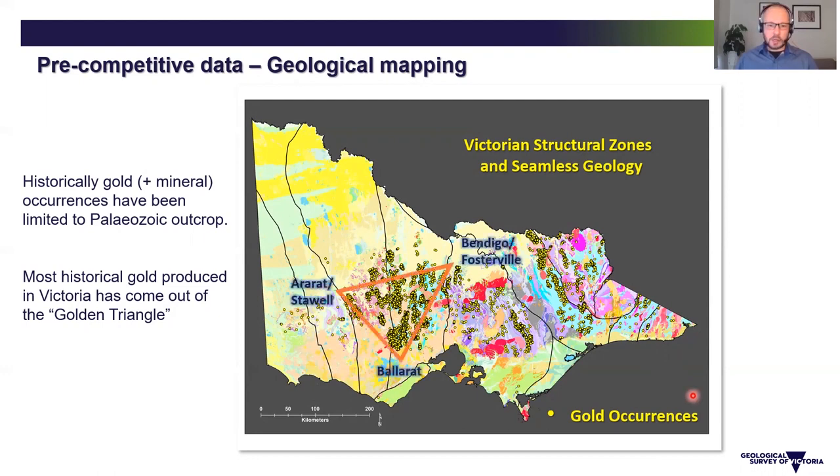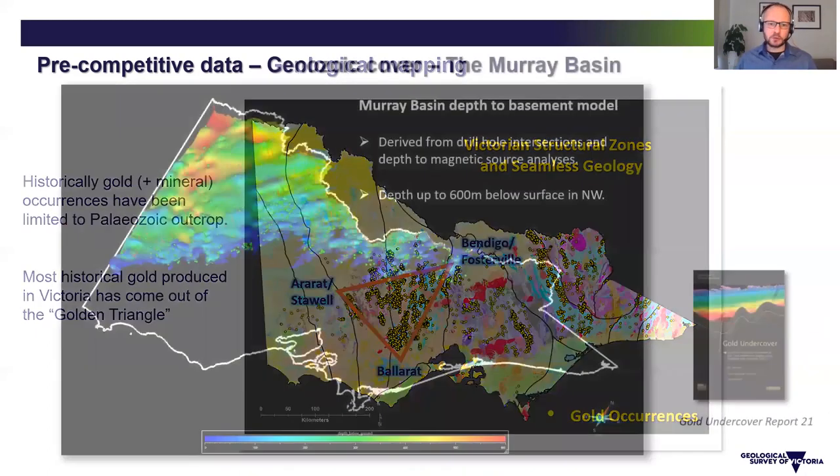Everyone knows about the Golden Triangle in central Victoria there, where most of the gold has come from. And so I guess the current focus of exploration in the state is to expand that search space, and going north under the Murray Basin cover is one of the great options to be able to do that.